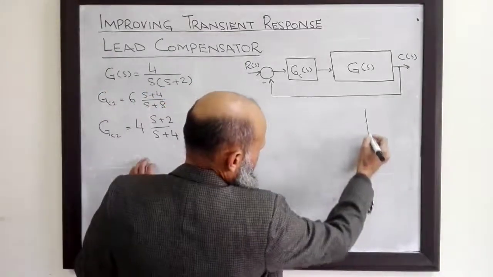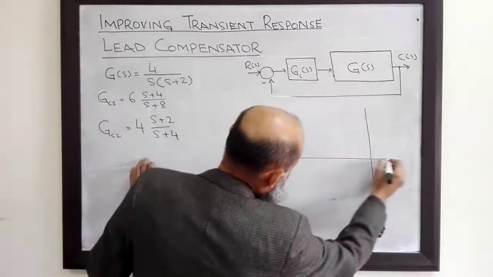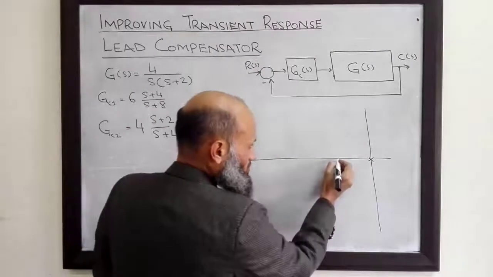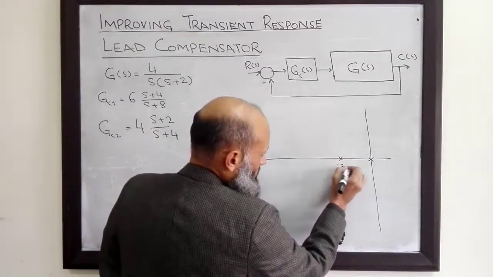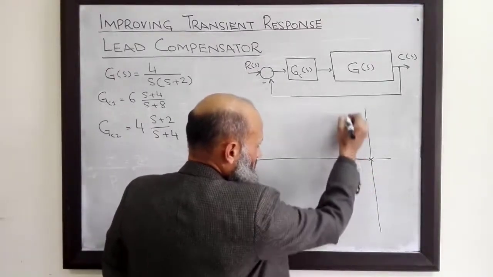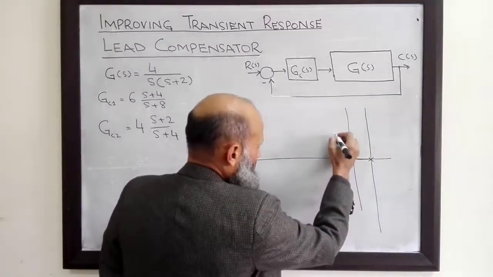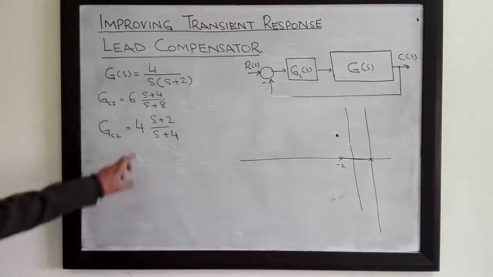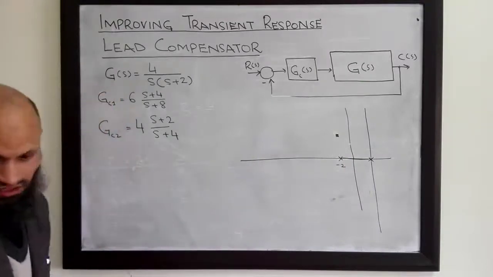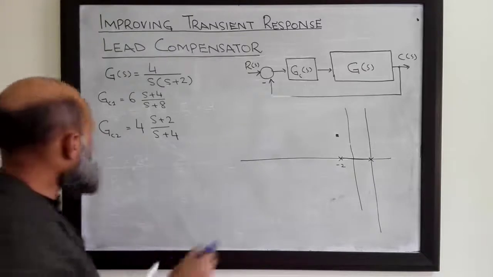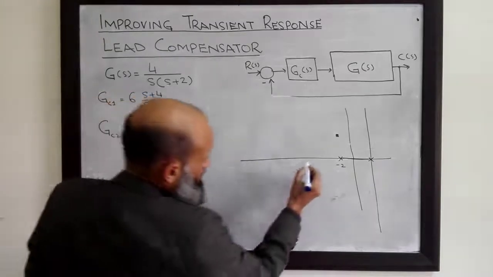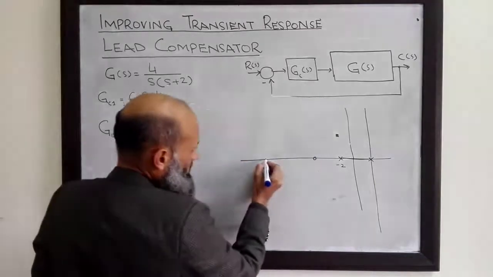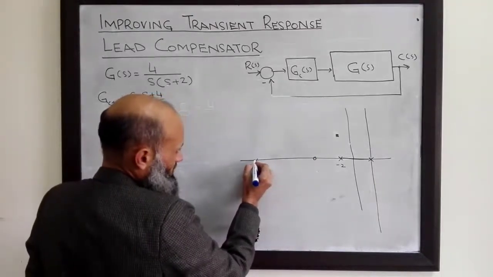For the first, for the actual system, we had a pole at this location and another pole at this location, and this was a root locus which was not passing through our desired closed loop poles. With this first compensator, we had placed a zero at s equal to minus 4 and a pole at s equal to minus 8.